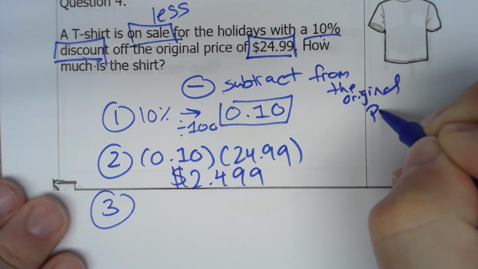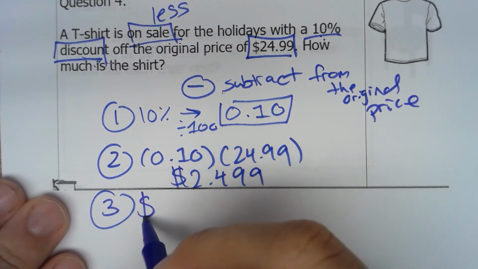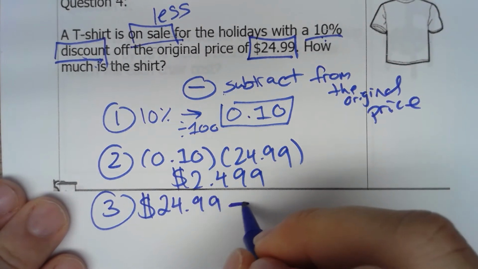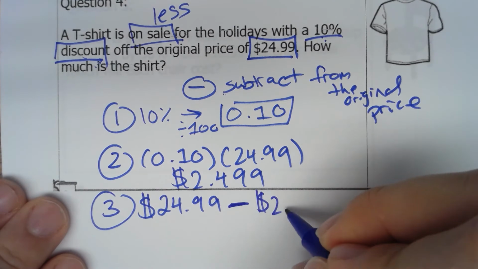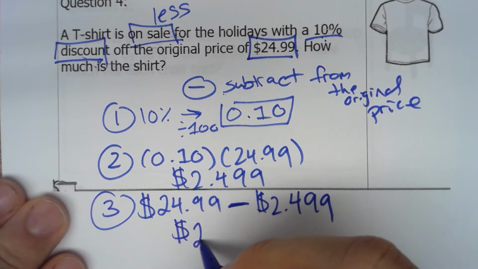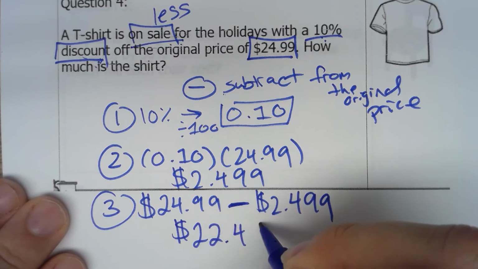The original price was $24.99. I'm doing discount, so I subtract. I'm going to write this whole thing out. It's okay, we can round at the end. So $24.99 minus 2.499, I get 22.491.